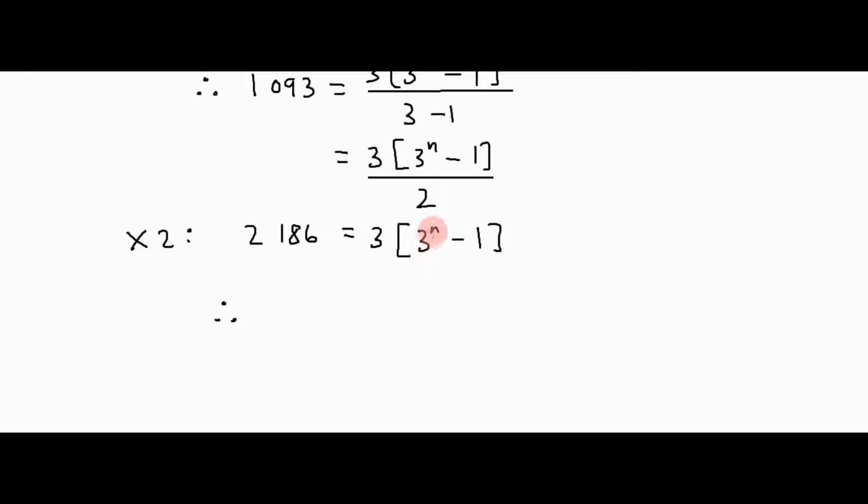And we're left with 3 to the n minus 1 equals 2186 divided by 3. I'm going to leave this as a fraction because we want to round off only the final answer. We can also take the negative 1 to the right-hand side.